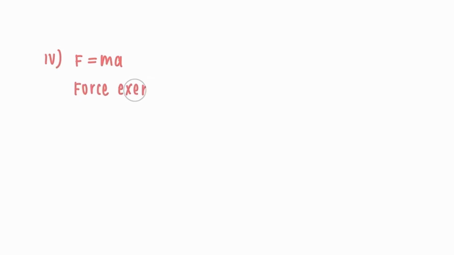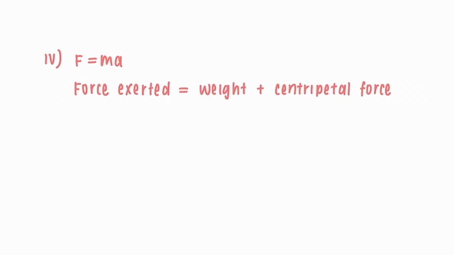And then, you will have to add an additional force which is called the centripetal force, which is the force that is directed towards the center of the circle. You will have to add both his weight and the centripetal force because this is the force needed to overcome the weight and the centripetal force in order for the wheel to move up again.